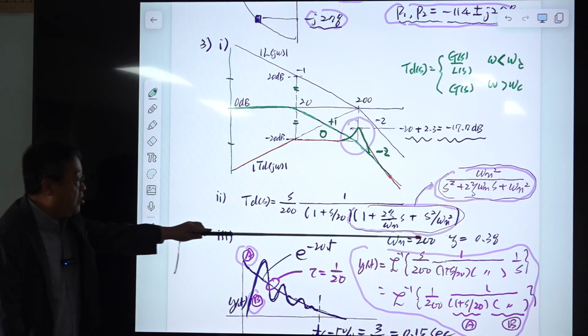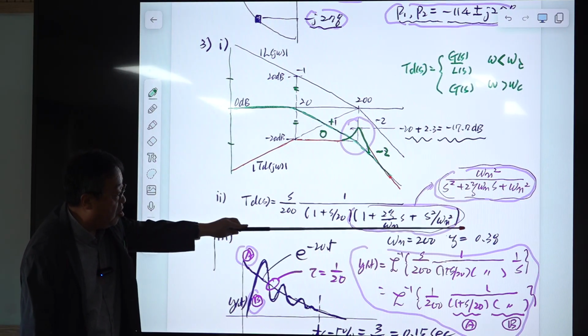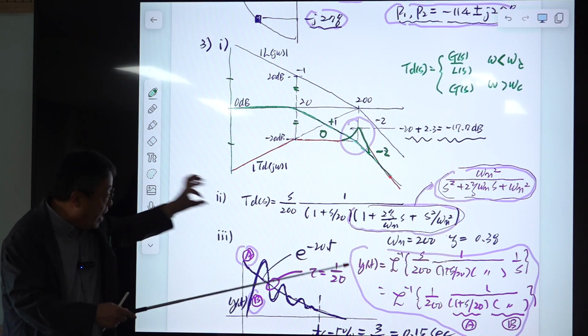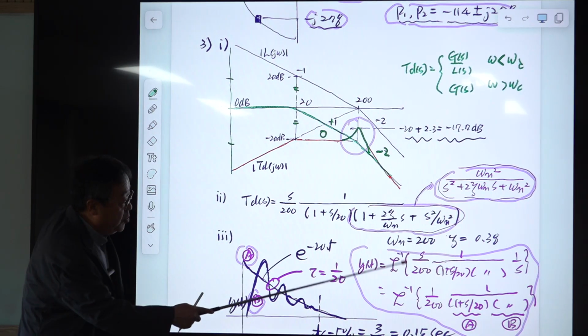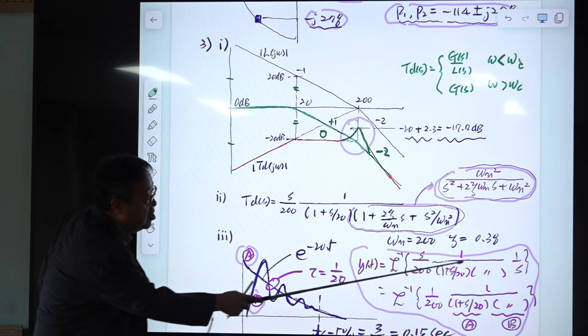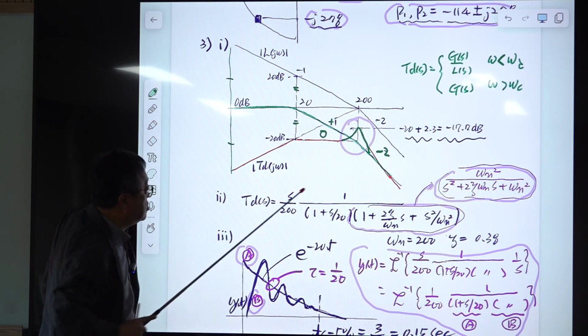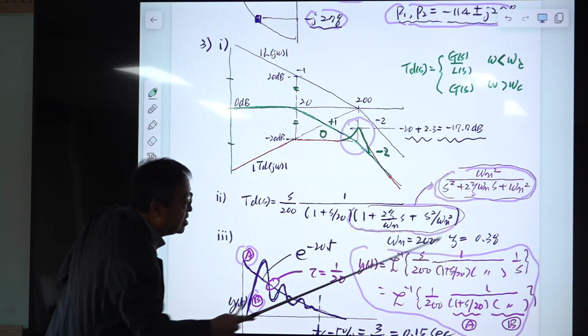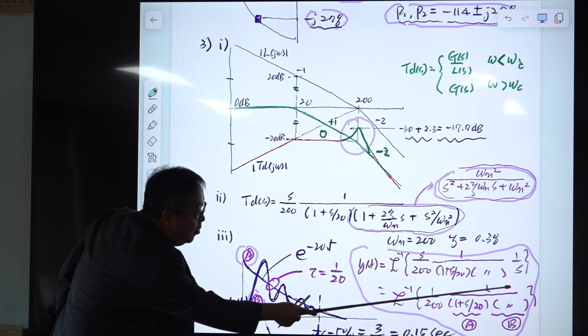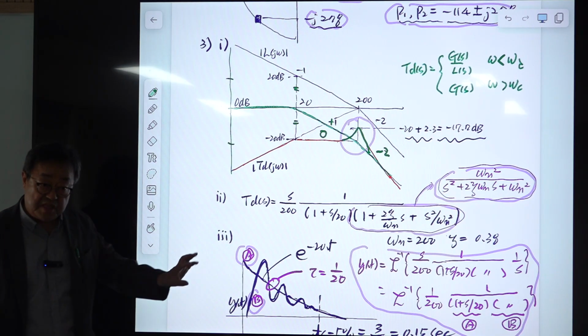Then take the inverse Laplace transformation of this. So first, times the input, you multiply the S domain expression of this one, and this is the TDS, and the S's cancel, and you have the inverse Laplace transformation of this thing.